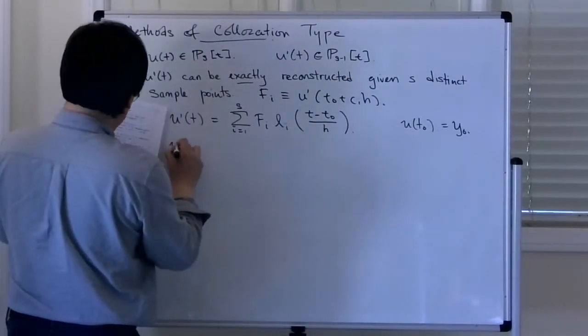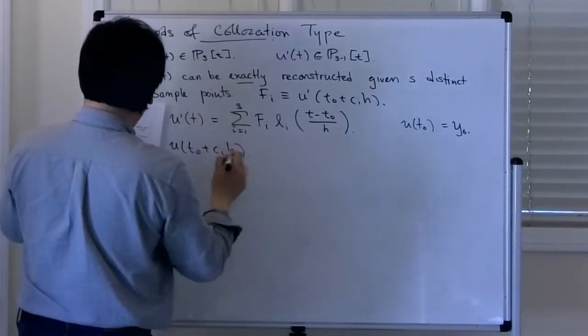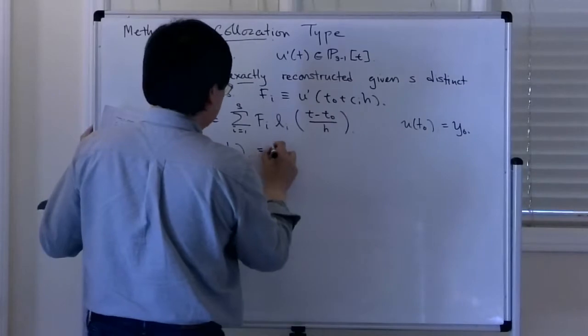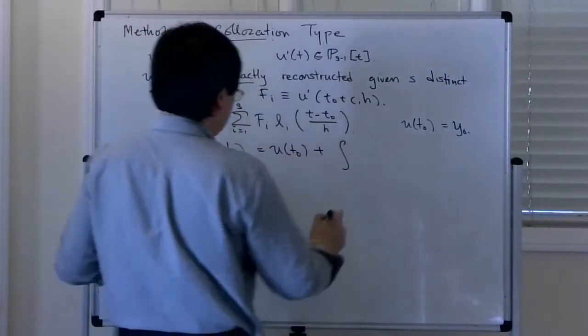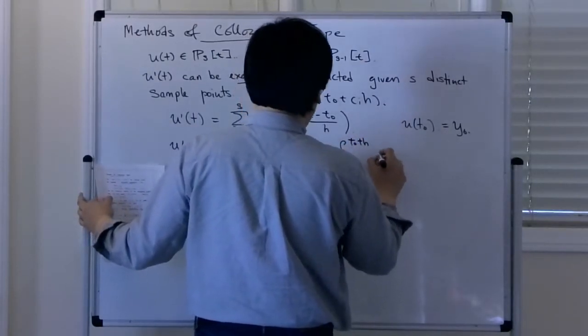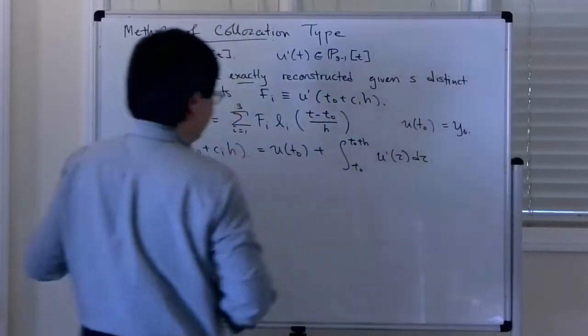Now u at t0 plus ci h is u at t0 plus the integral from t0 to t0 plus h of u prime of tau d tau.